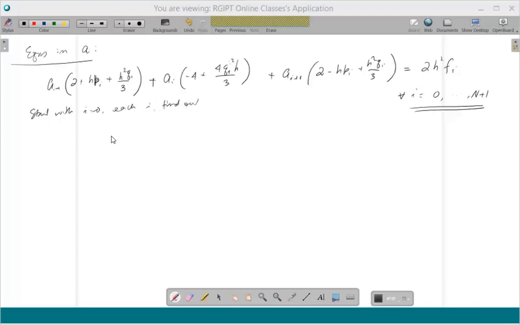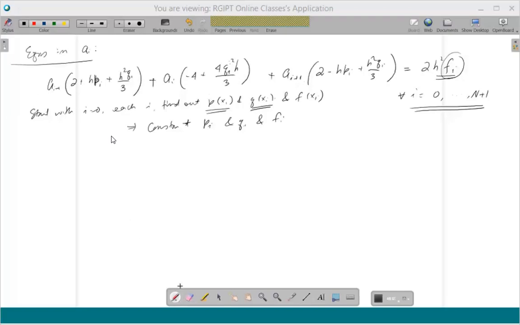This way you will have an array stored for p_i and q_i, and f of xi, which is f_i. These numbers you construct in the beginning itself, and then you will have these numbers known and construct this linear system.